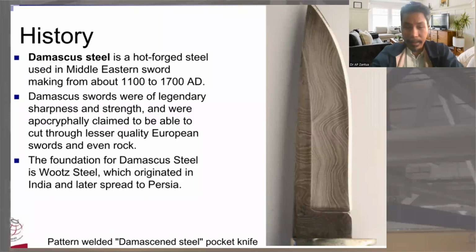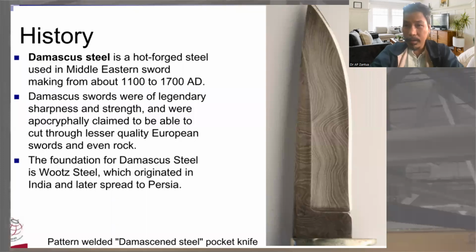So 1100 to 1700, the sword making technology, as you can see in the picture on the right side of your monitor. That is what we call Damascus steel. Damascene steel pocket knife.